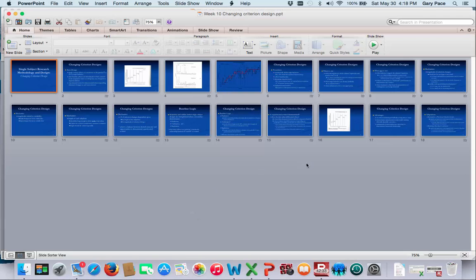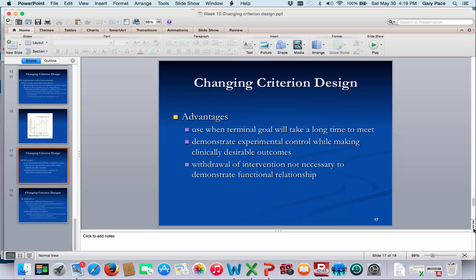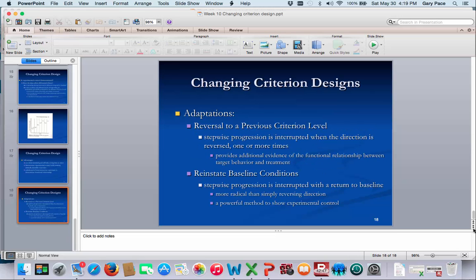And of course the disadvantages are, and I don't know what happened to the disadvantages. Where are the disadvantages? But the disadvantages are that sometimes it just isn't easy to do.